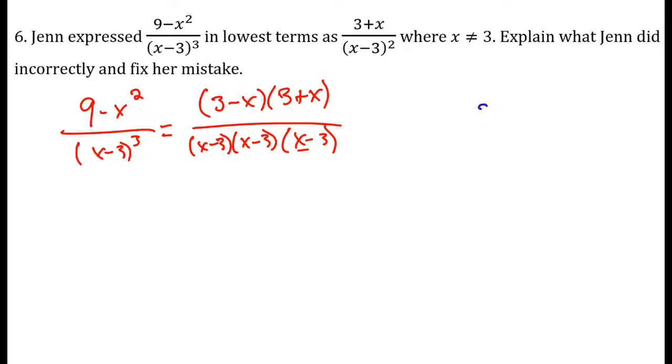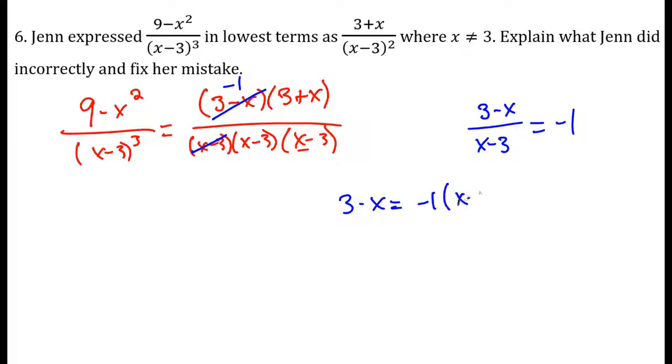3 minus x, we wish that would divide out with x minus 3, but what happens is they do divide out, but they don't divide to 1, they leave behind a negative 1. Why does that happen? 3 minus x is actually negative 1 times x minus 3.